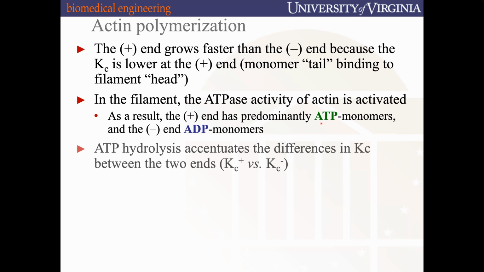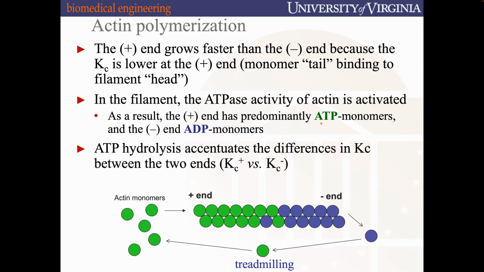So in terms of, sorry, I'll just skip to these animations. So in terms of the addition of these monomers at the plus end, you have all of these ATP-bound monomers at the plus end that will eventually hydrolyze. And then if you look at the minus end, you have these ADP-bound monomers.